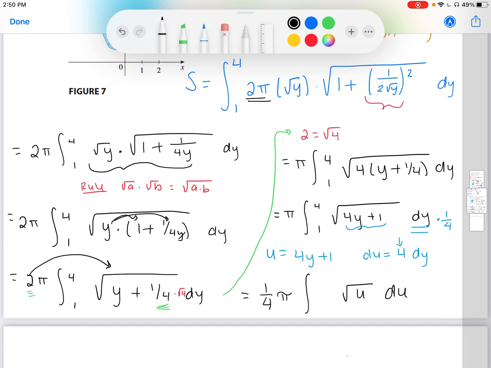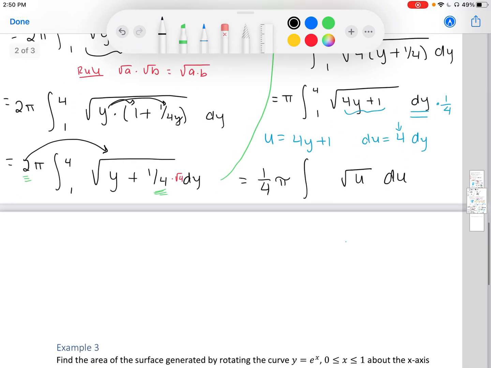Now if you don't want to go back and replace that u value with what we said it is, you can always change your bounds. So we have y equal to 4 and y equal to 1. Let's replace that. We have u equals 4y plus 1. Letting y equal 4, we have 4 times 4 is 16, plus 1, 17.